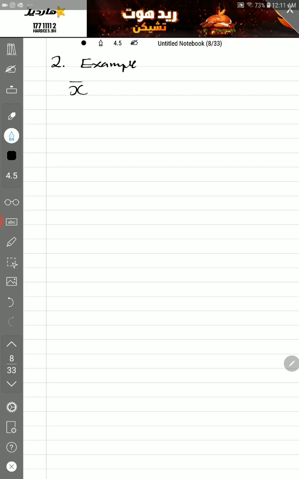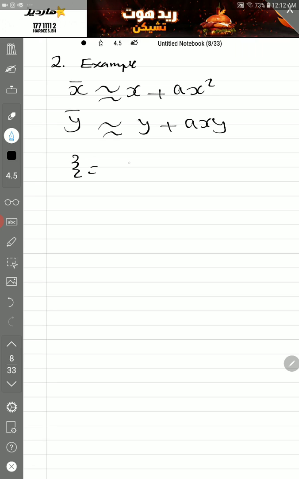X bar, the same you do, will be x plus a x square, and the y bar transformation is y plus a x y. Here zeta is just x square, and eta is xy.